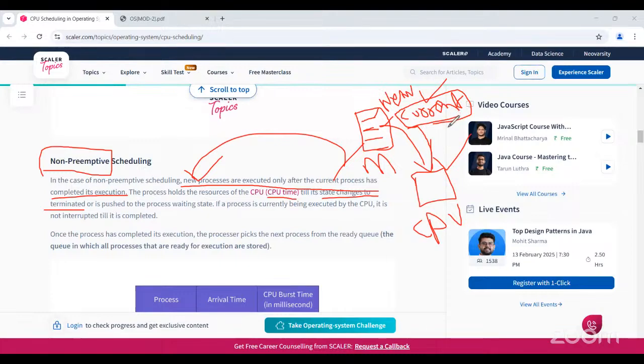Once it is executed, it goes to the exit state. When it goes to the exit state, then it will select the new process to be executed. So that is called non-preemptive scheduling.